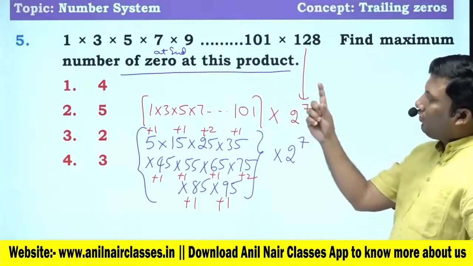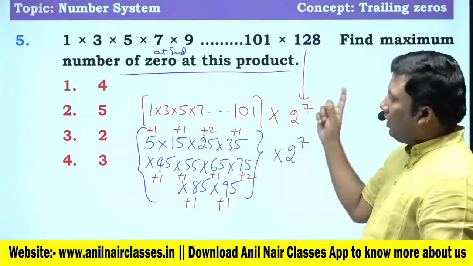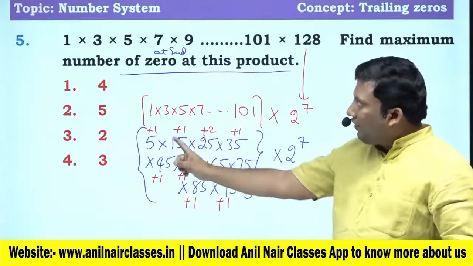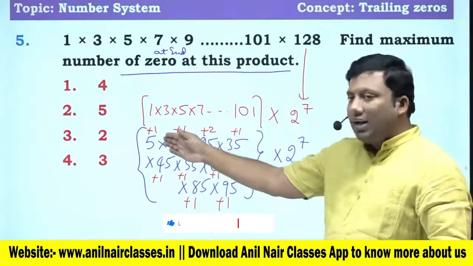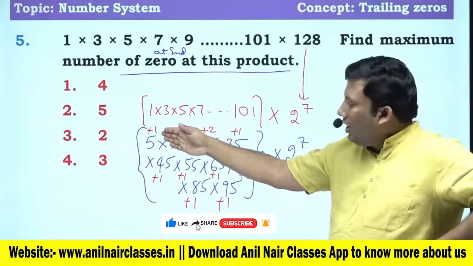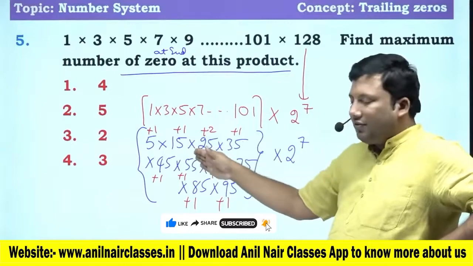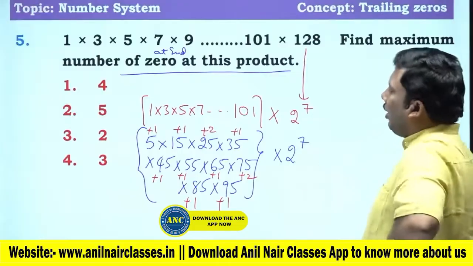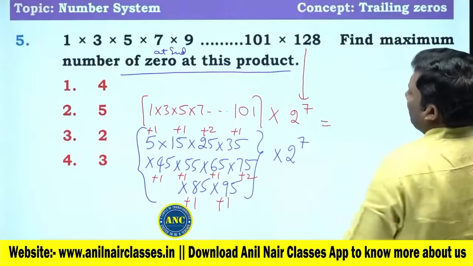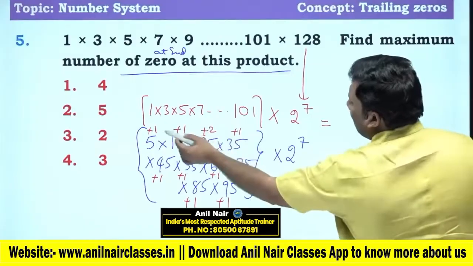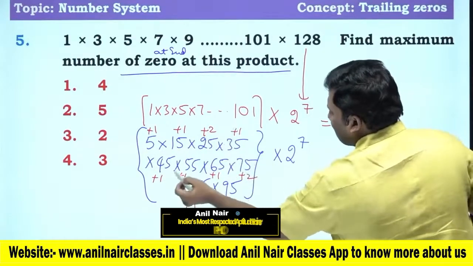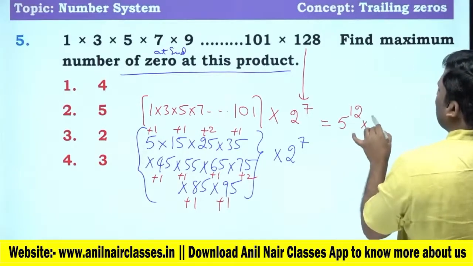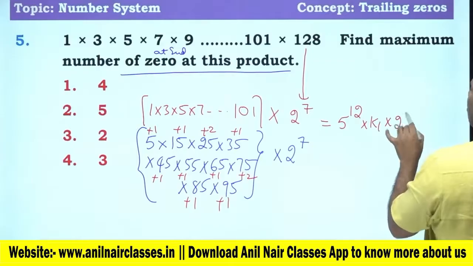Only odd numbers we should take. 5, 15, 25, every time there is an increase of 10. Next is 105. How many powers of 5? Maximum number of zeros. So this will be 1 plus 1, 2, 4, 5, 6, 7, 8, 10, 11, 12. So it is 5 power 12 into some other prime bases into 2 power 7.